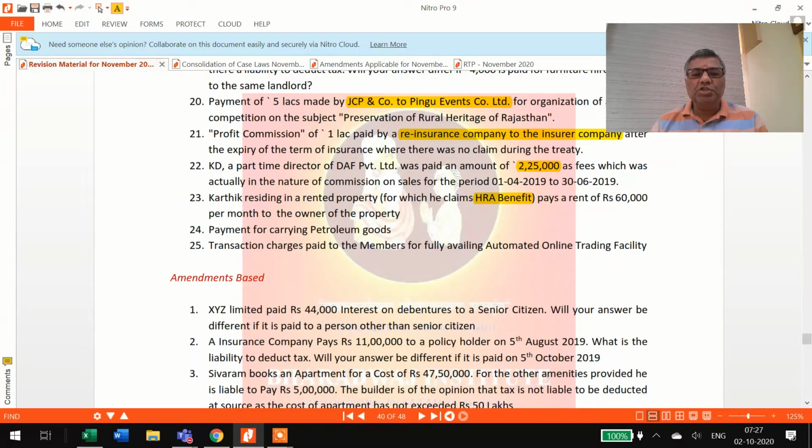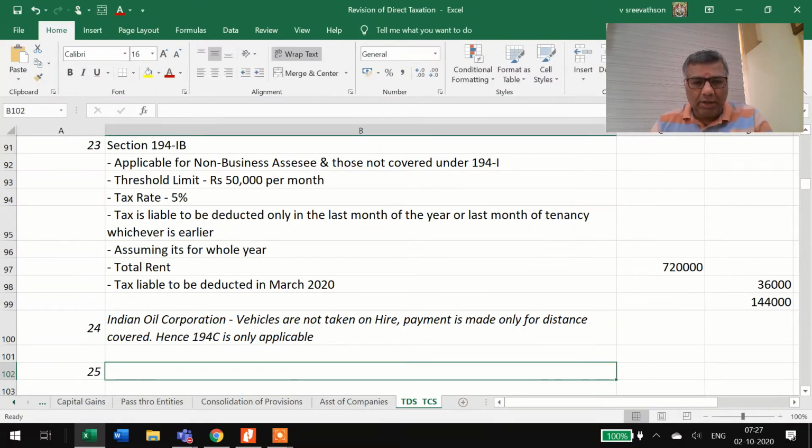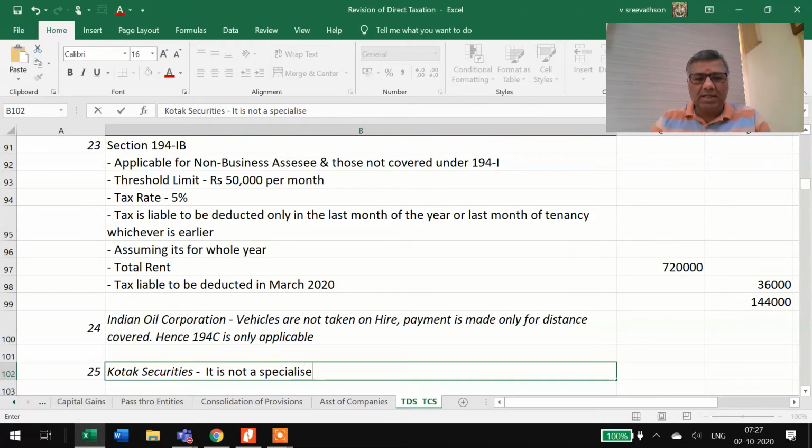Transaction charges to members for availing online. Okay, Kotak Securities, sorry. It is not a specialized service for a particular person.